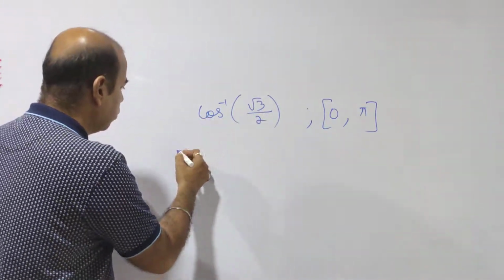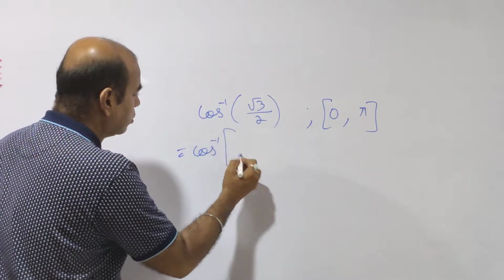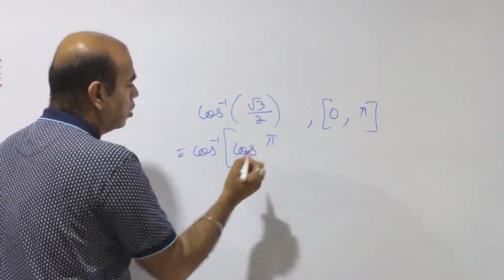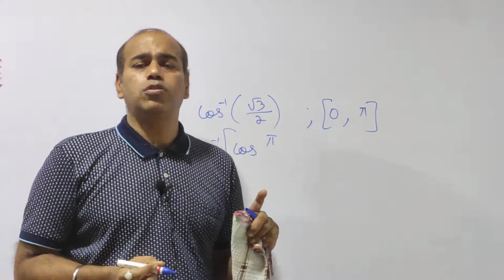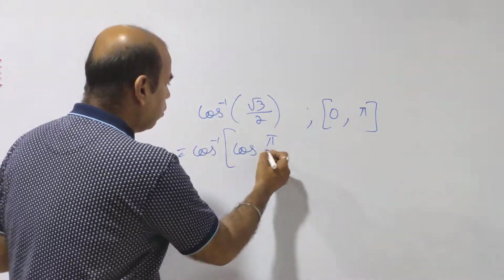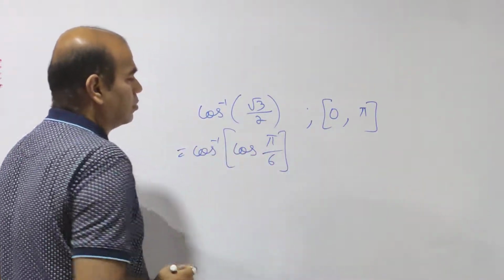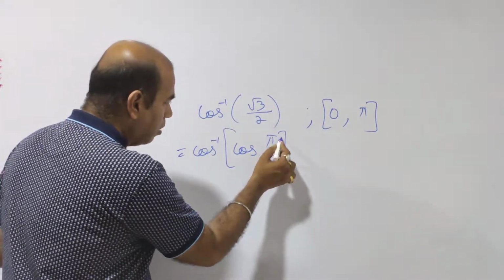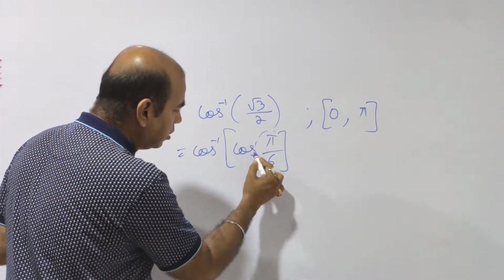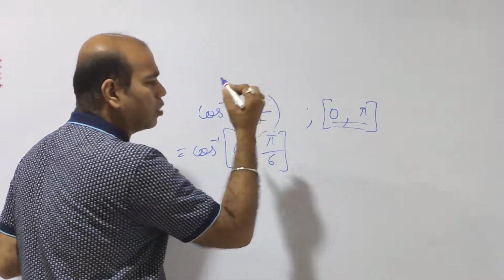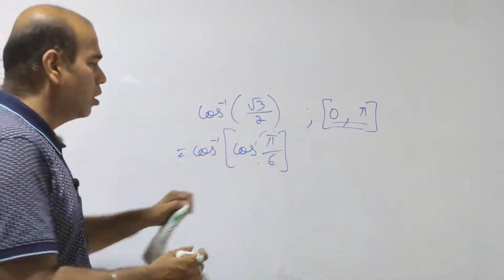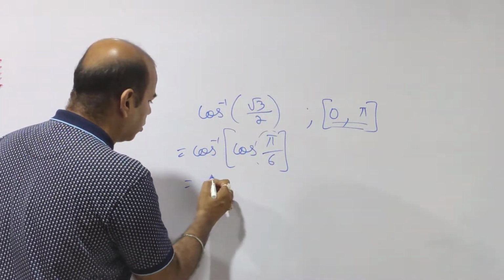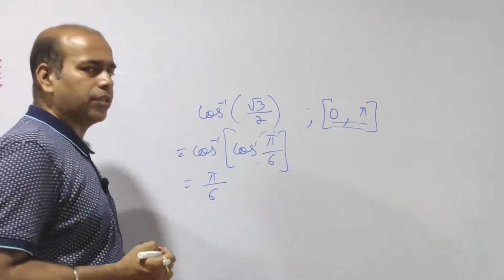Now root 3 by 2 can be written as cos 30, so it is cos pi by 6. Now my main work is to check whether this pi by 6 is in the range of cos or not. It is in the range of cos, so I am removing cos inverse and cos, and I am getting pi by 6.